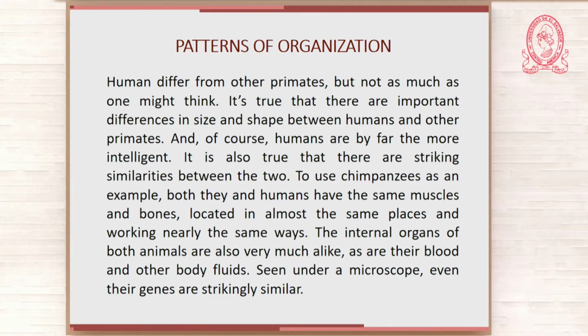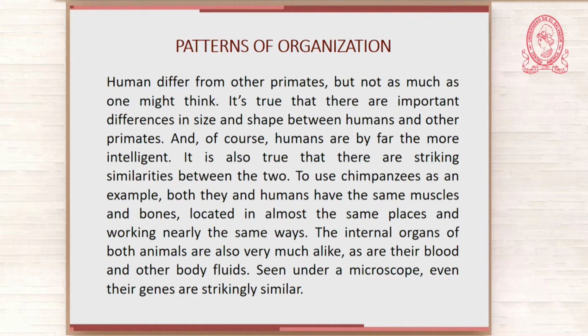Here, the transition differ is a hint that the paragraph may be organized in a comparison contrast pattern. Let's read. Humans differ from other primates, but not as much as one might think. It's true that there are important differences in size and shape between humans and other primates. And, of course, humans are by far the more intelligent.